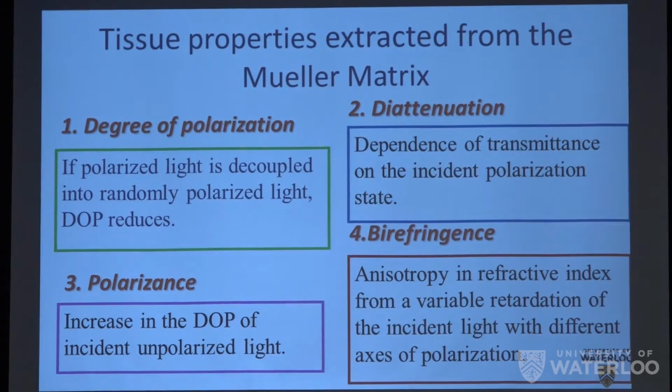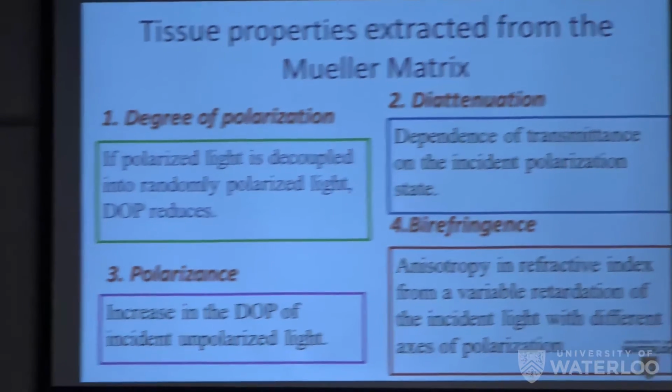Diattenuation is dependence of transmission through the object as a function of polarization state. So it may absorb some polarizations and transmit others. And birefringence is what I referred to initially. It's a difference in the speed that the light traverses the tissue for each of the polarizations, and that's reflected by a difference in refractive index.